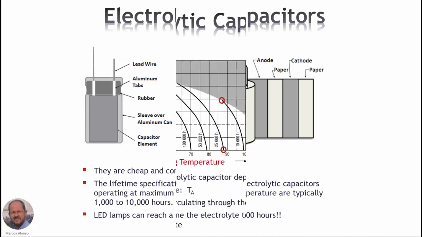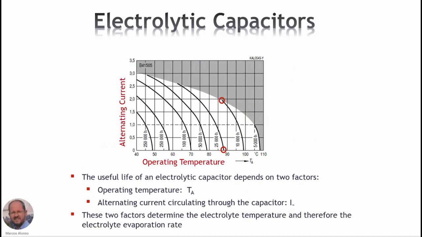The reason for the low lifetime of an electrolytic capacitor is that they use an electrolyte, a liquid inside the capacitor, to improve the capacitance over volume ratio, and this electrolyte is going to evaporate as the capacitor ages.